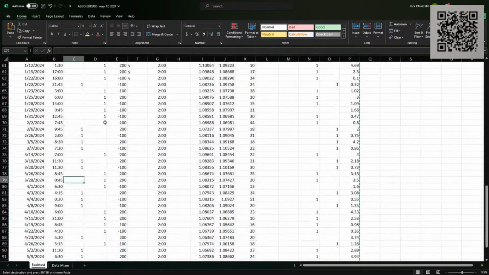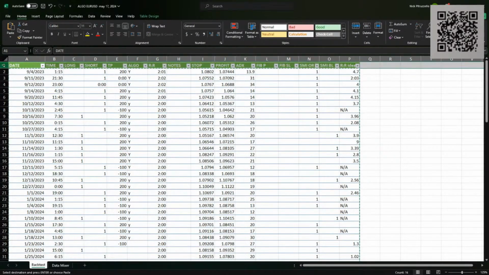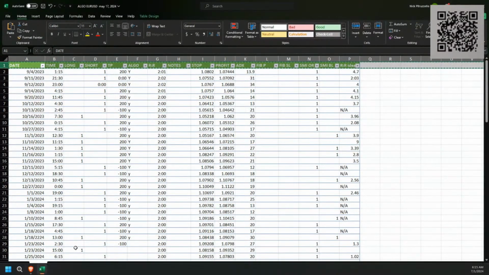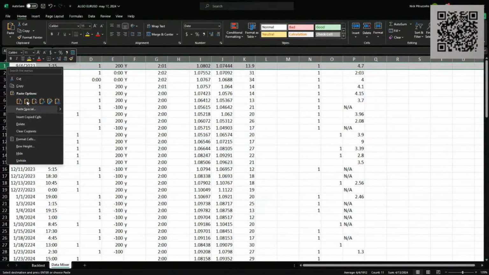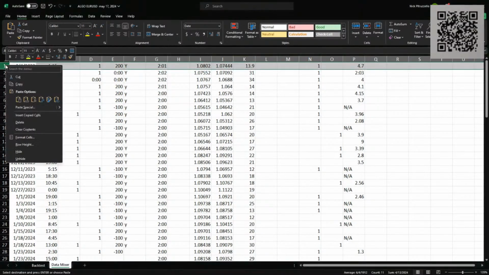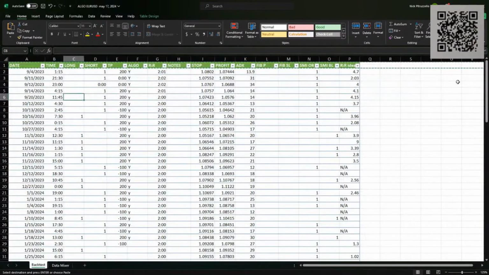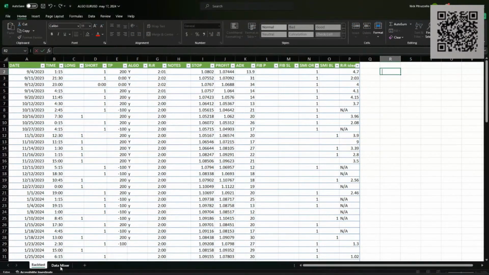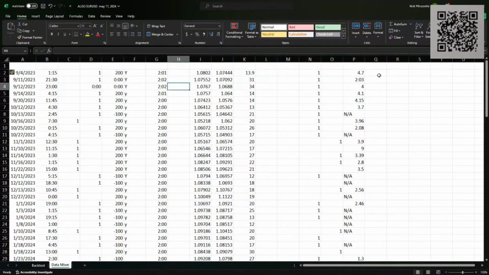I could see if this actually works real quick. I'm going to copy this and I'm going to go to data mixer and I'm going to insert copied cells. I don't want to do that. I'm just going to insert a cell. All right, let me undo the copy. Sorry, folks. Let me just do like a space bar here. Data mixer. I'm going to insert a cell, just a blank row.